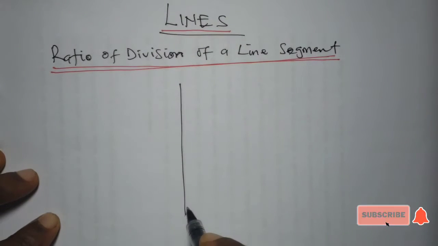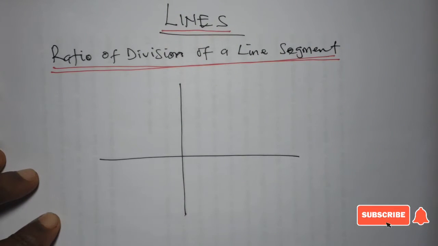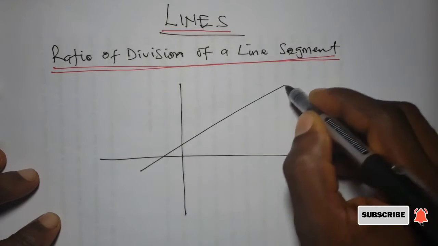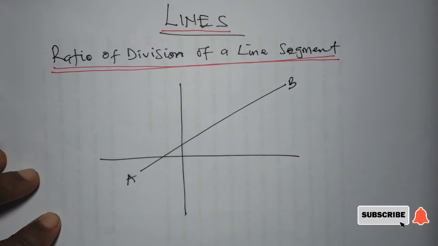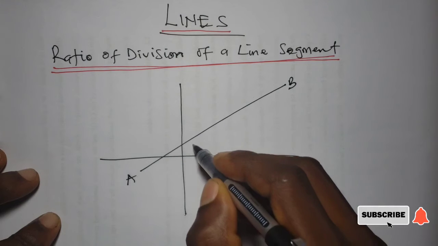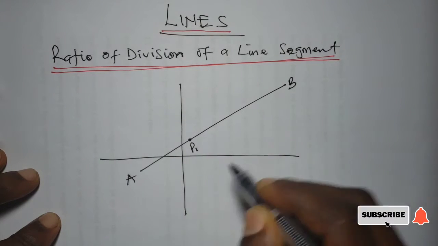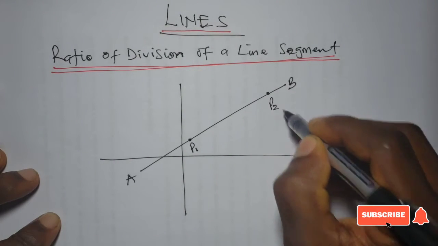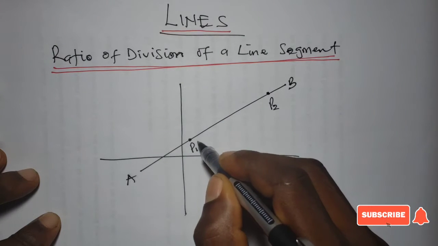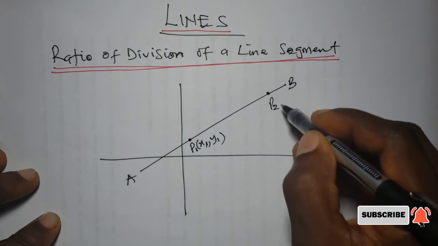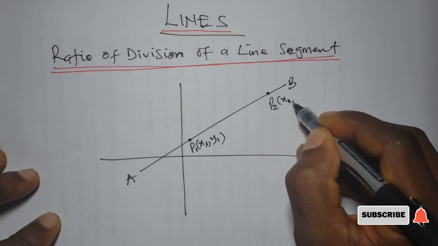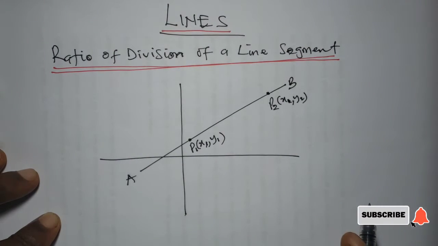If we have our rectangular coordinates as we had in the last lecture, and we have a line here, say line AB, and this line goes through 2 points, say point P1 and point P2. Point P1 has coordinates x1, y1. Point P2 has coordinates x2, y2.